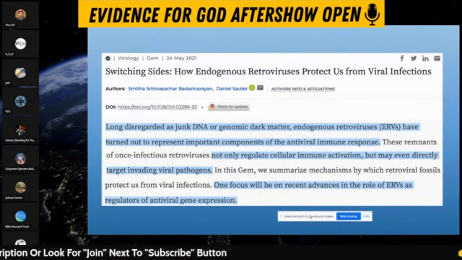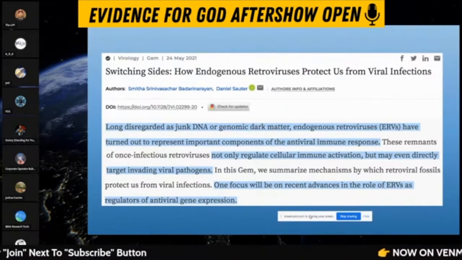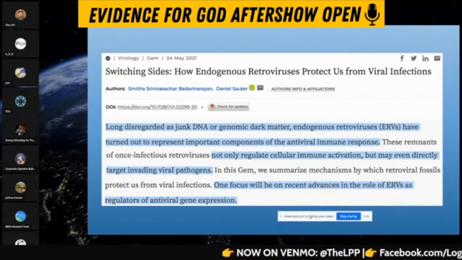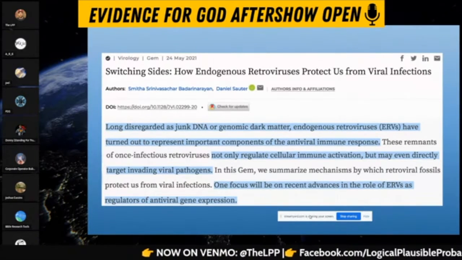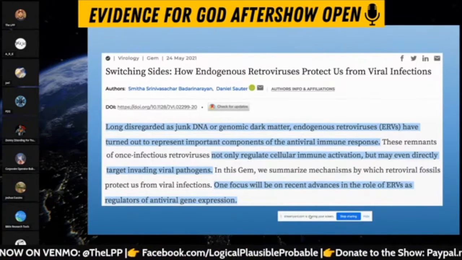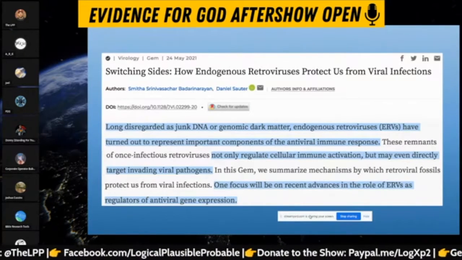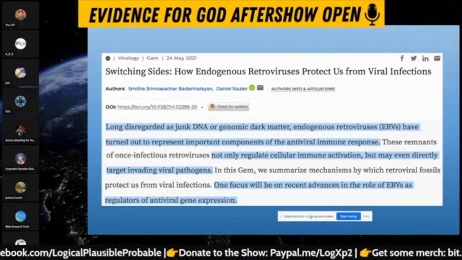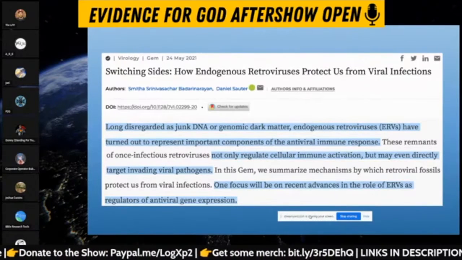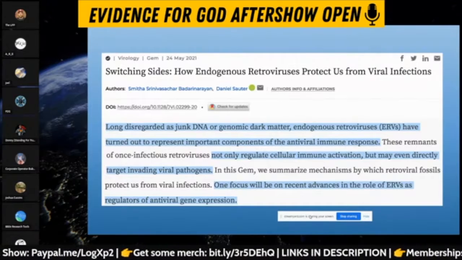But the reason I think these functions have been co-opted, basically, is, like I said, because we don't find complete functional ERV sequences. Instead, we find the ENV gene, for example, has been used for this particular function, or the POL gene for reverse transcriptase has been co-opted for a different function.